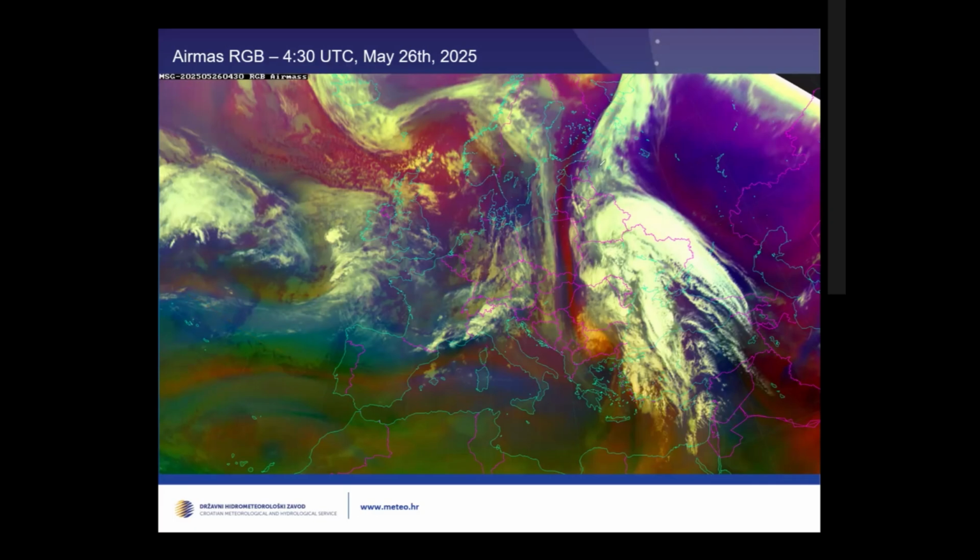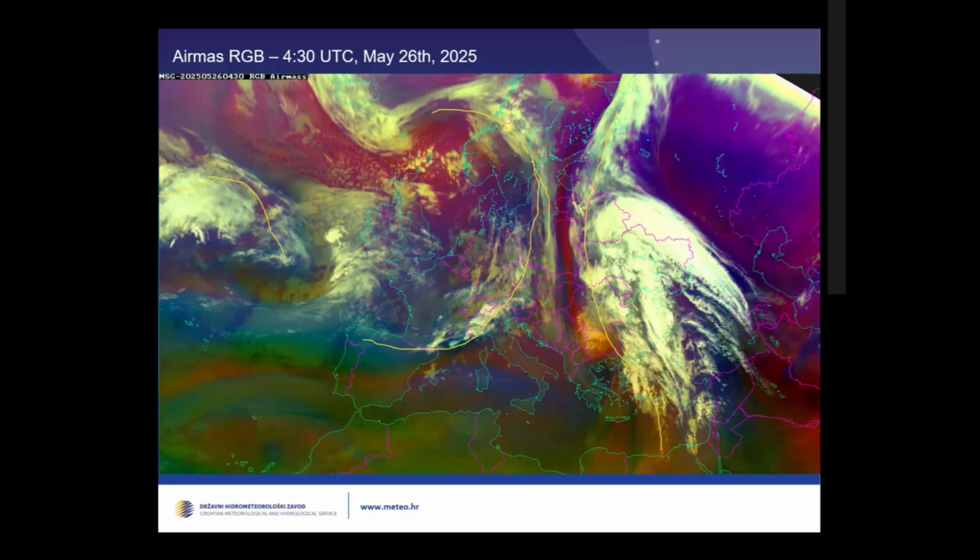We have here a frontal system, and then we have here a warm front and a cold front, and then we have here one frontal system. It's like cold front, then we have occlusion, and then here is a bit of warm front.